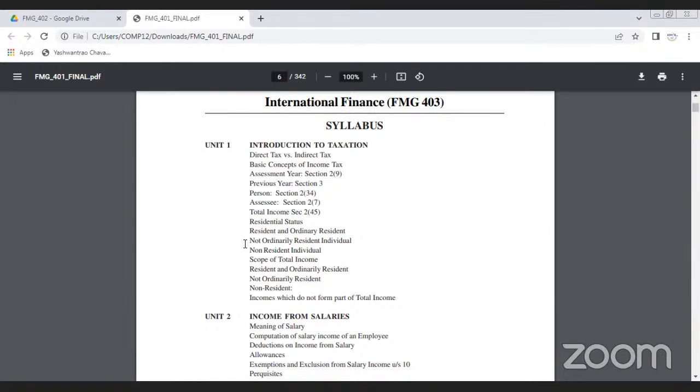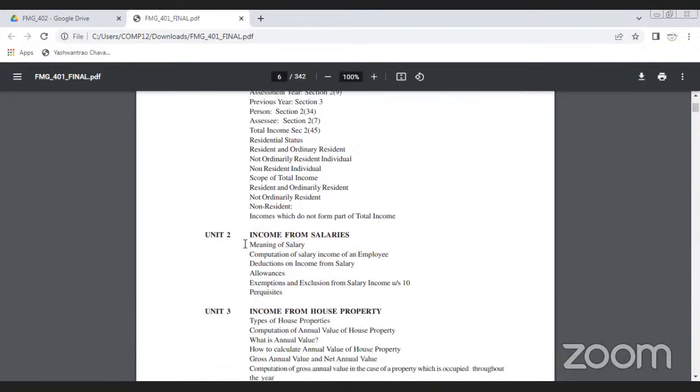In unit number 2, we focus on salary income, meaning of salary, computation of salary, deduction from income from salary, allowances, exemptions and exclusions for salary income under section 10, perquisites. These all are related with salary income.